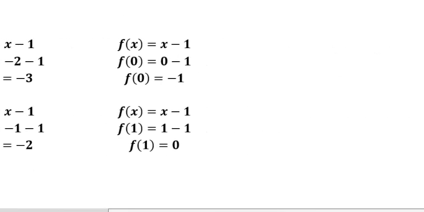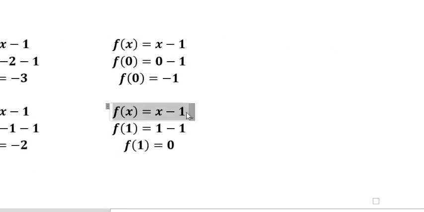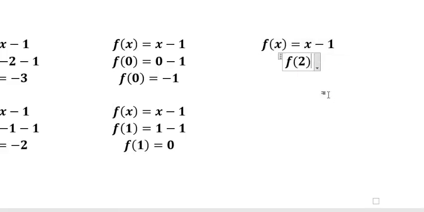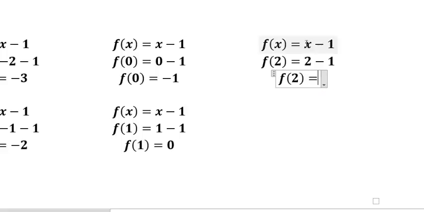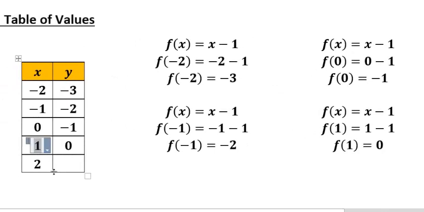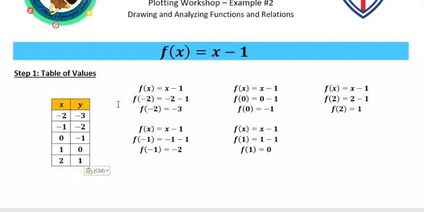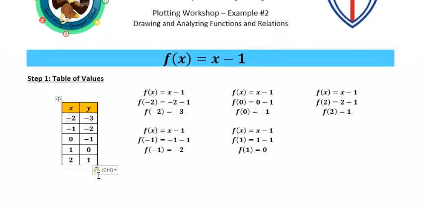And the last one I'm going to work with is number 2. So f of number 2, the image of number 2, will be 2 minus 1. f(2) is 2 minus 1 is 1, so the answer for this one will be in here 1. Okay, so I've finished my table of values. That will be step 1 of this exercise.